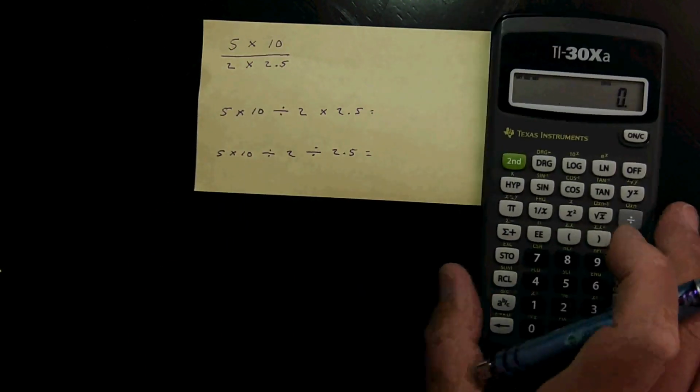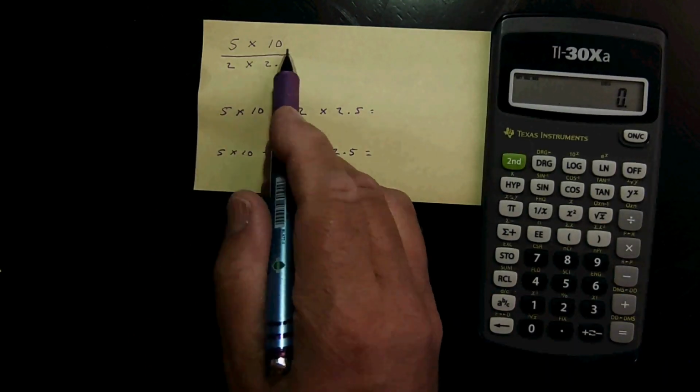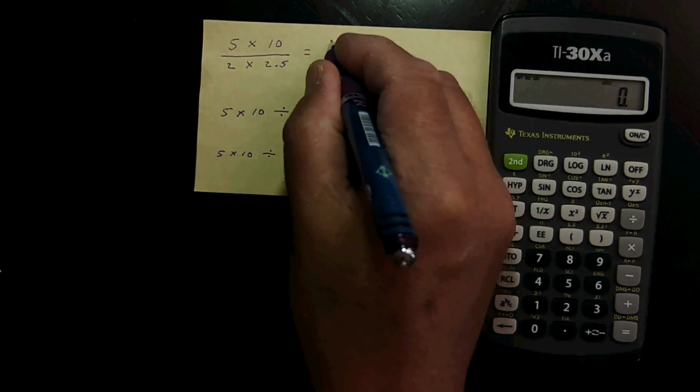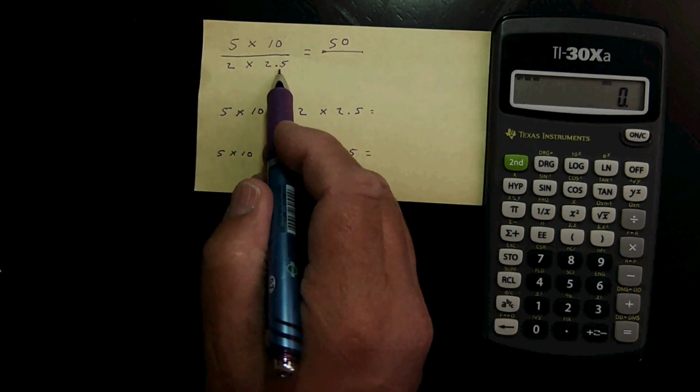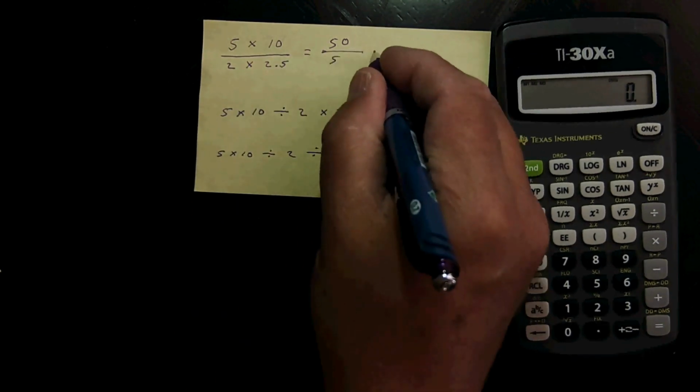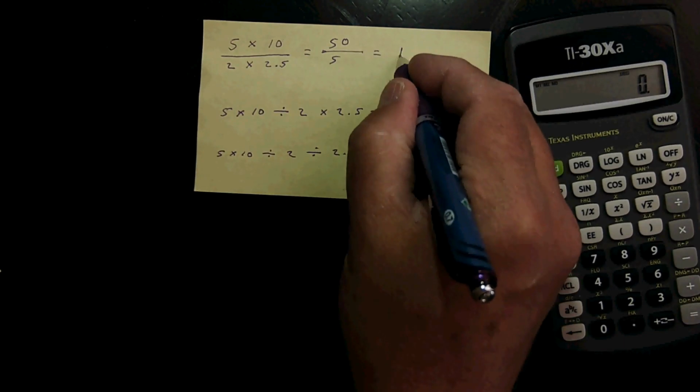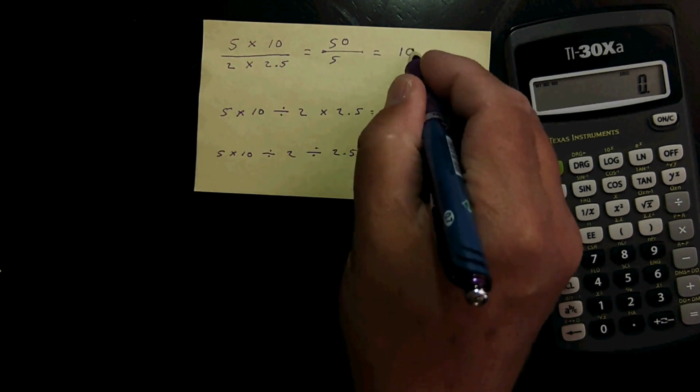You know the answer to this. 5 times 10 is 50. 2 times 2.5 is 5. So the correct answer is clearly 10. That's the correct answer.